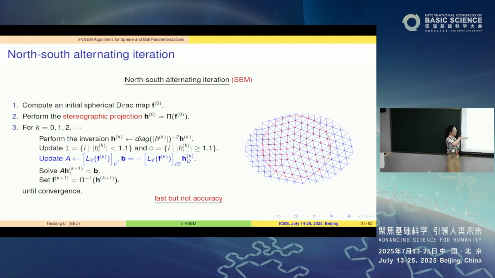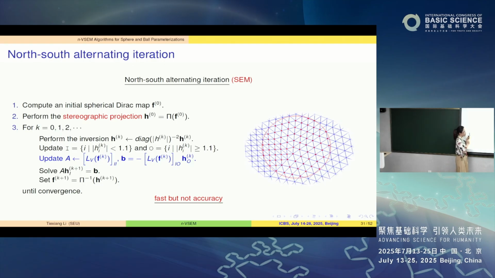In the 3D case, when we fix the north part, we think the north part is known. Then we use this known part to solve the unknown south part. Then we use the south part to solve the north part. So we call this iteration a north-south alternating iteration, and we call it a SEM.